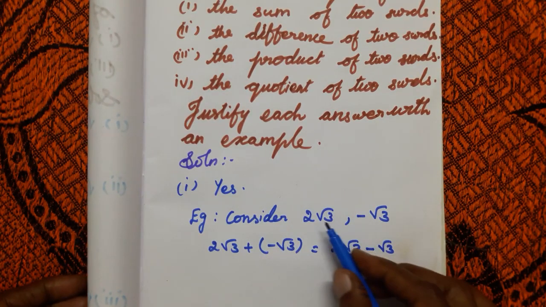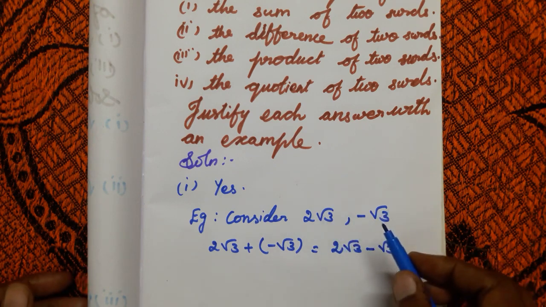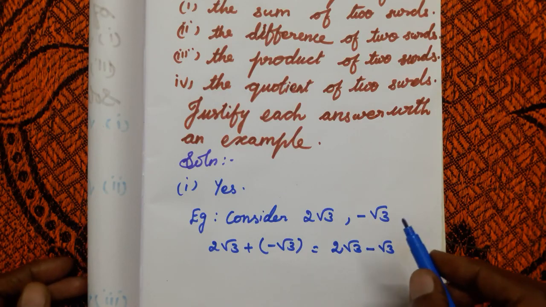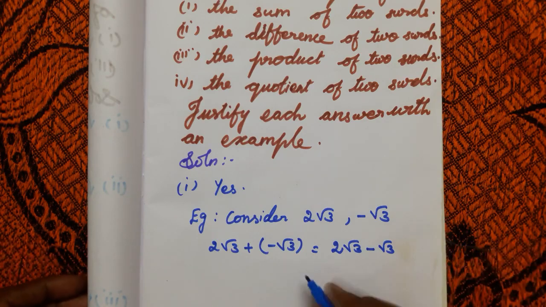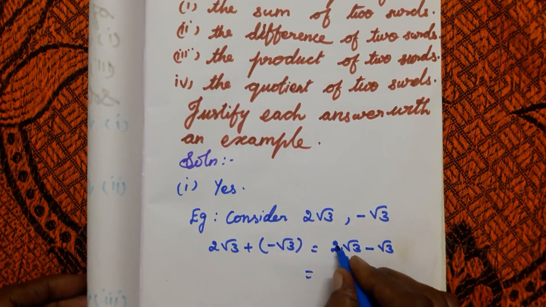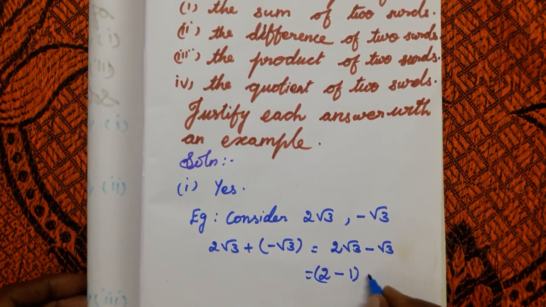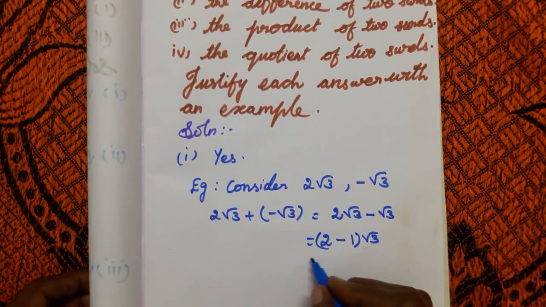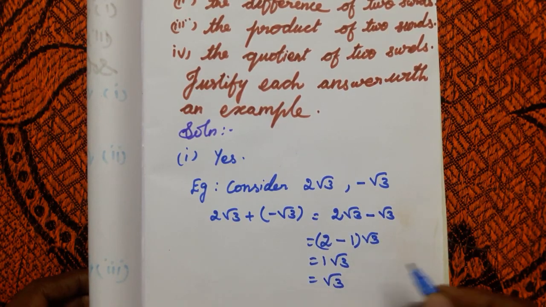Okay, you can give another example also, but when we are adding the two Z's, we have to get a pure Z. Like that, we have to select another example also. Here, what is the coefficient? 2. What is the coefficient here? 1. So 2 minus 1 into root 3. 2 minus 1 is equal to 1. 1 root 3 is equal to root 3.